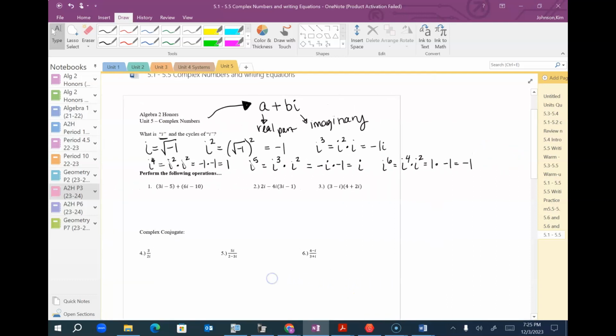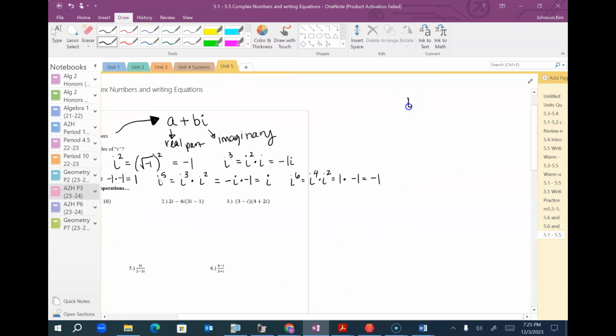Okay, so I'm going to do a little summary here, and let's see if we can see what's happening. So i, we write as i. We know that that is the square root of -1, but we won't write it as the square root of -1. i squared, we've determined, is -1. i cubed, we've determined, is -i. i to the 4th is 1. i to the 5th is i. i to the 6th is -1.